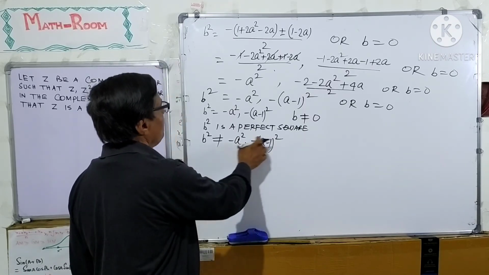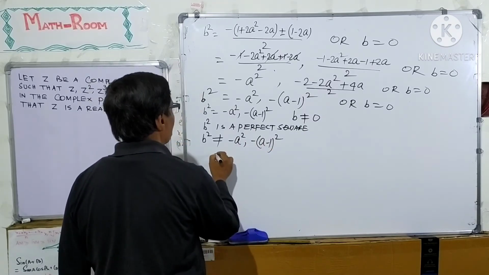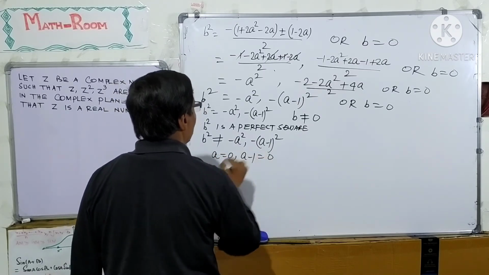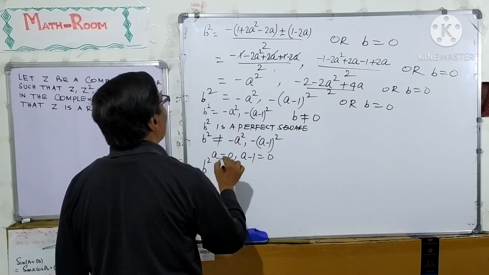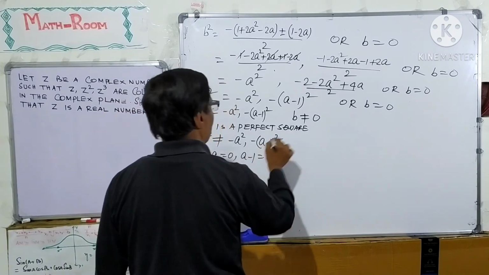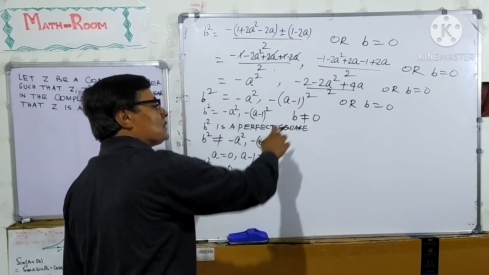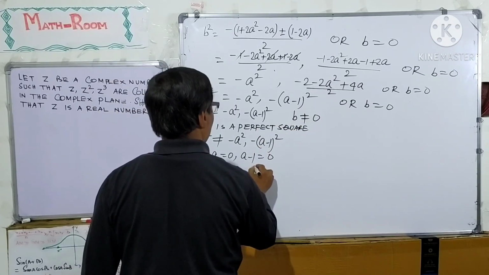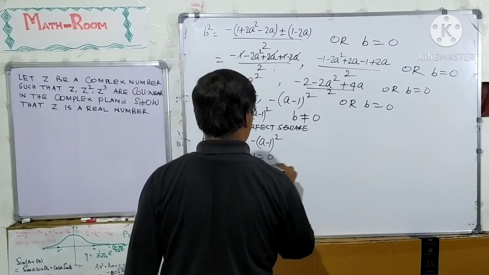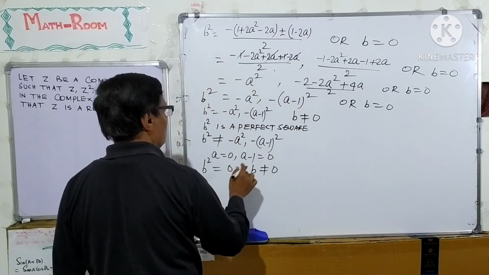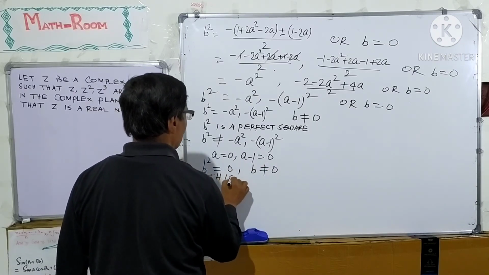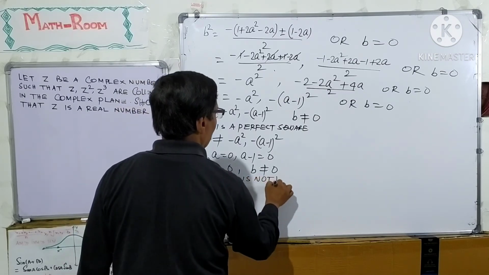These may be 0 when a equal to 0 or a minus 1 equal to 0, then b square equal to 0, but which cannot be possible, because we have considered b not equal to 0. So, this contradicts each other. So, b equal to 0 contradicts b not equal to 0. This is not possible.